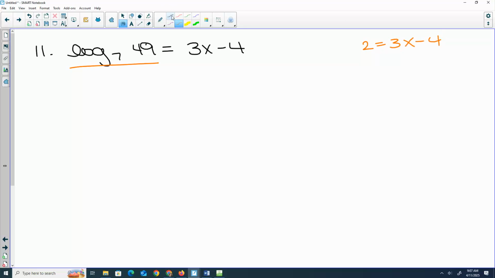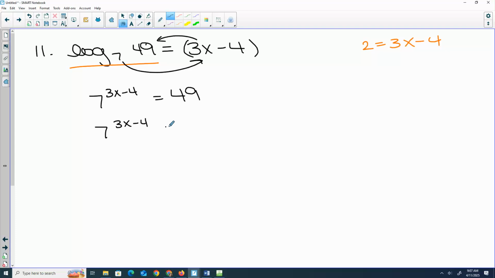But if you didn't, you would change it into exponential. So it's 7 to the 3x minus 4 power equals 49. And then we can get a common base. 49 is the same thing as 7 to the second power. So if the bases are the same, you set your exponents equal.